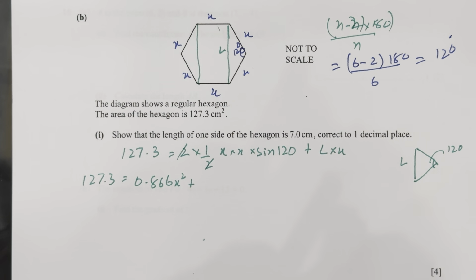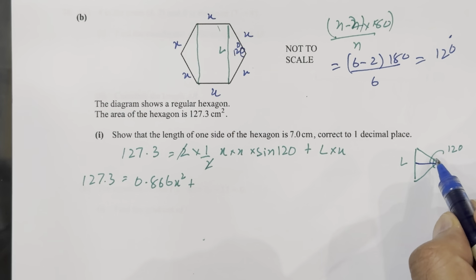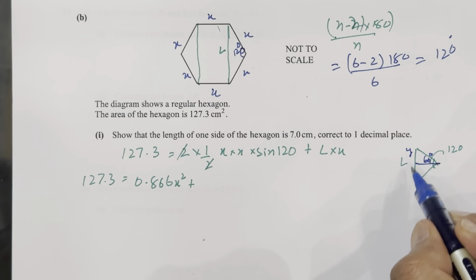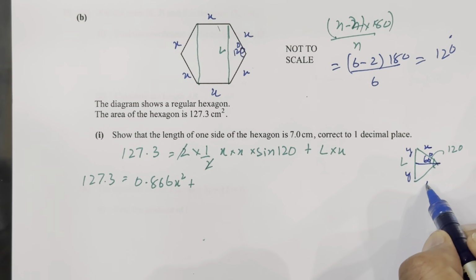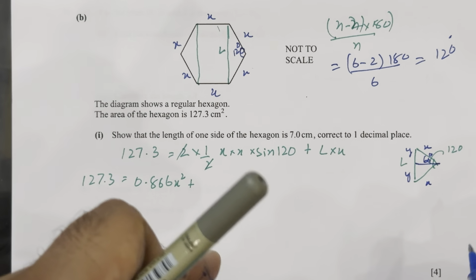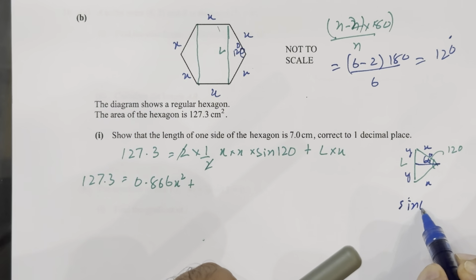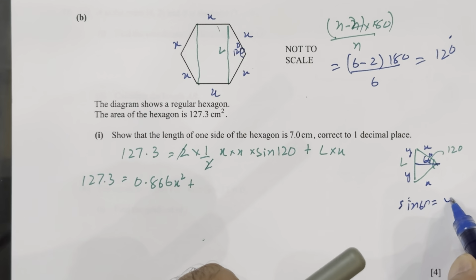Split this triangle into two right angle triangles, then this angle would be 60 degrees, and you can say this value is y, this value is y, this value is x, and this value is x as well. So simply sine 60 would be equal to y over x.